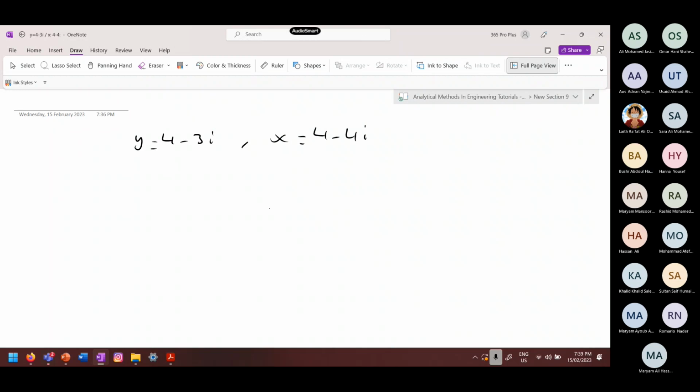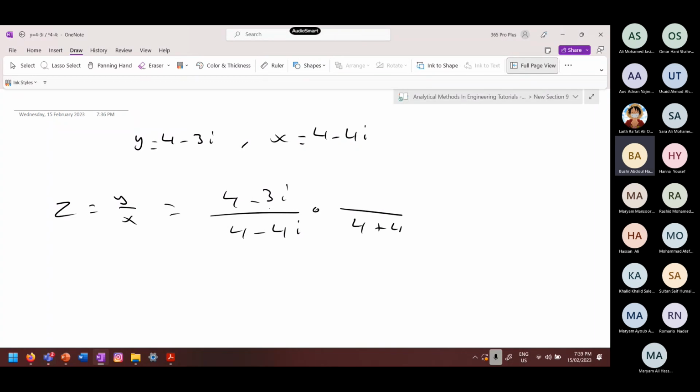Okay. Let's say you're given y and x, and z is equal to y over x: 4 minus 3i over 4 minus 4i. How can you solve this without using your calculator? You will multiply by the conjugate of the denominator, so 4 plus 4i over 4 plus 4i.